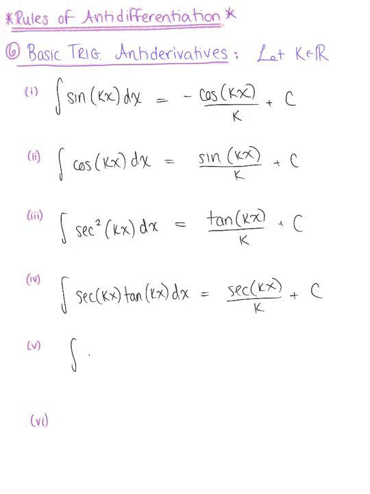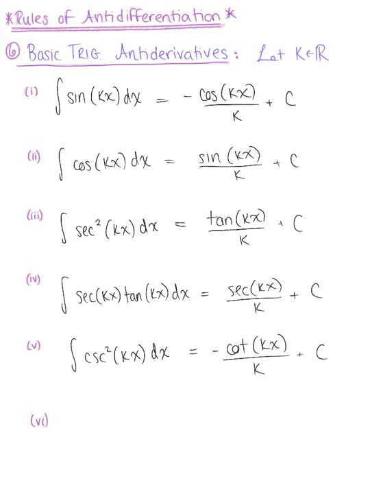If we have the integral of cosecant squared of this constant k times our variable x dx, again, we think to ourselves, that's the derivative of a negative cotangent. So here is our antiderivative, minus cotangent of kx divided by k plus c.